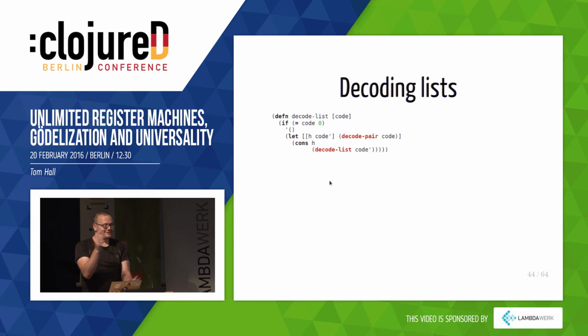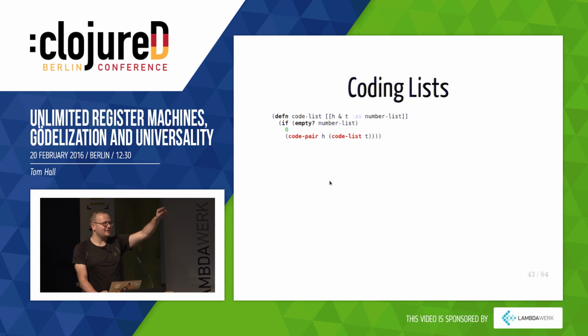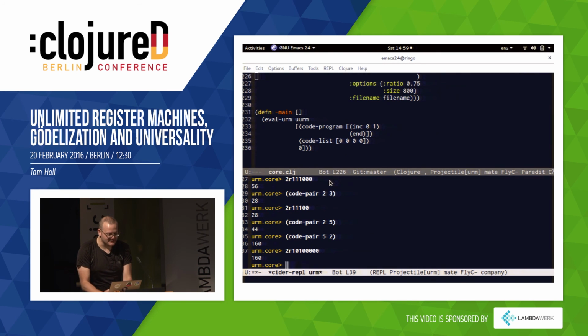So if you've got pairs, you can get lists. We know that because we're list people. So if it's empty, the empty list is encoded as 0. Otherwise, we code the pair of the number that's the first thing in the list and the code of the rest of the list. Does that make sense? And it's recursively defined in such a way. And again, this is back to front.